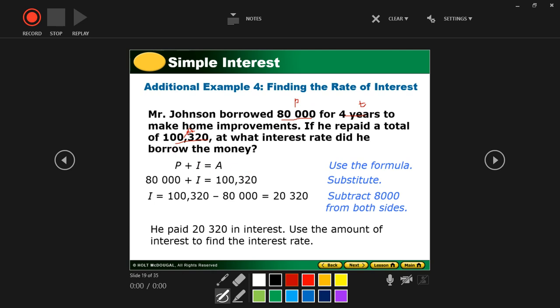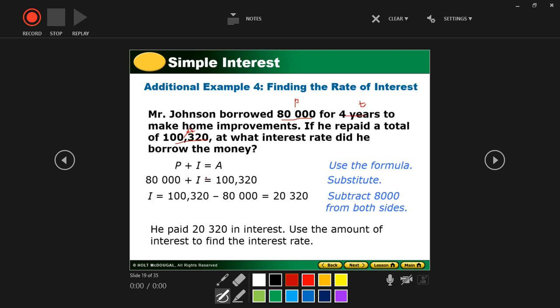So, since the total amount is given, we will use the total amount first, no? As our formula, A equals P plus I. That's what is present here. Okay, so the principal amount, the money borrowed, that is 80,000 plus the interest, our earnings. Equals, the interest is still unknown, we haven't computed it yet. Equals the total amount, which is 100,320.